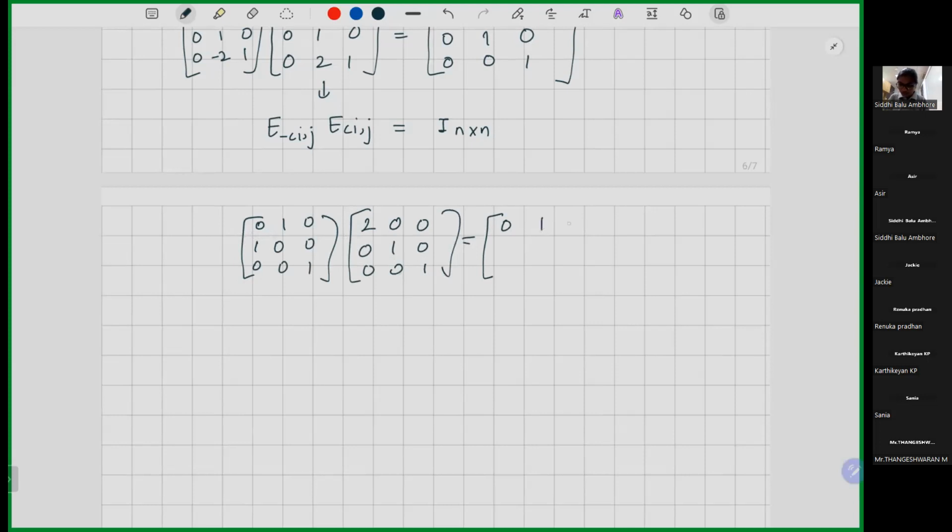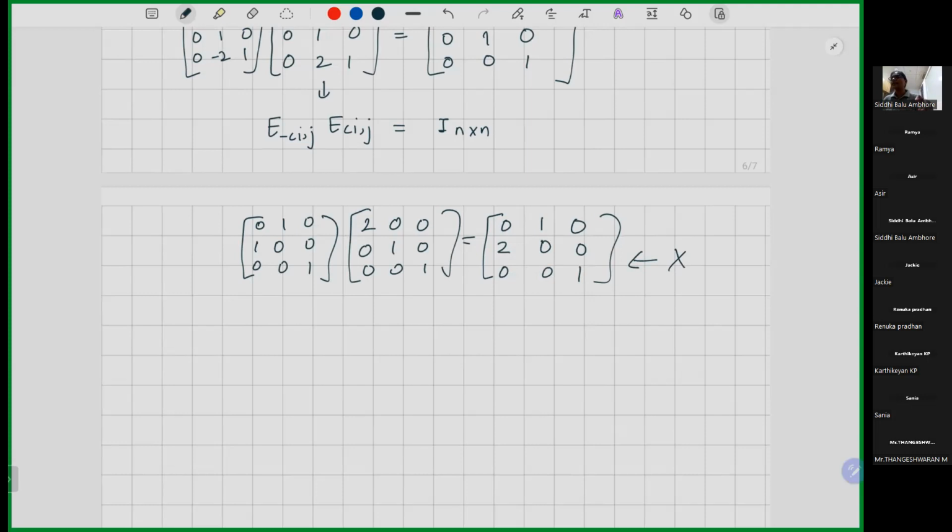This is 1. This is 0. This is 2 here. 0 here. 0. And I think this will be 1. And this is not an elementary matrix. This is a non-trivial example. Is it okay? Yes. And Sania, I couldn't understand your question. Could you please elaborate?